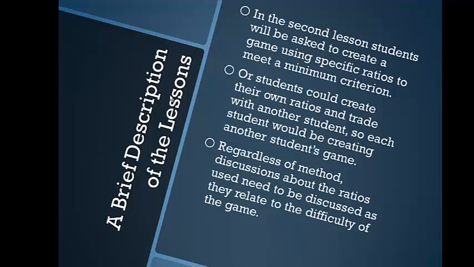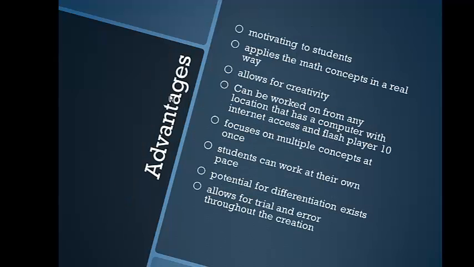After students have created their games and played games of others, we need to talk about how the games worked and which ones were better, why they were worse, and really discuss this in terms of ratios, rates, proportions, and percents, and so on.